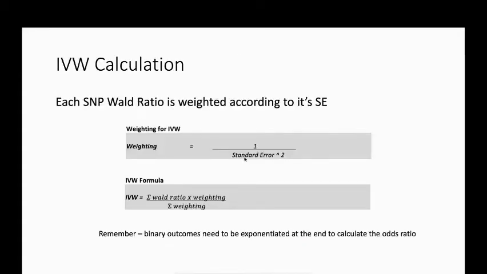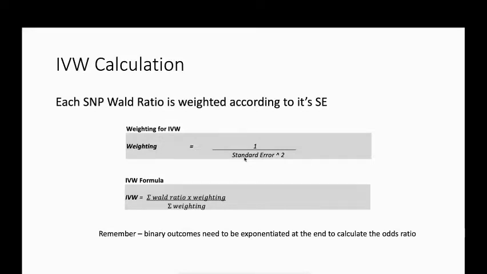So how do we formally calculate this? We'll go through the calculations in a little while, but the weighting we use is 1 over the standard error squared. Then to calculate the inverse variance weighting, we sum up the Wald ratio multiplied by its individual weighting, and then divide by the total of the weights. Sometimes it's easier to see this in practice, but the concept here is that we are weighting according to the standard error.